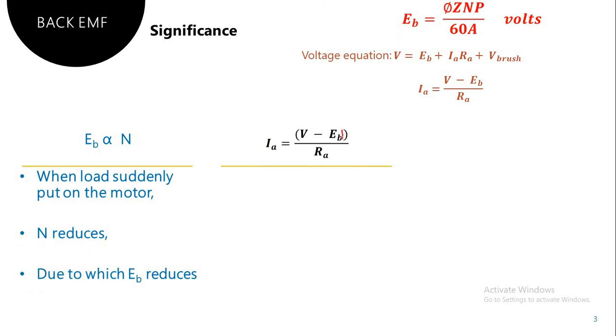If the back EMF reduces, V minus Eb drop increases. V minus Eb is directly proportional to armature current, so the motor draws more armature current, due to which Ia also increases.